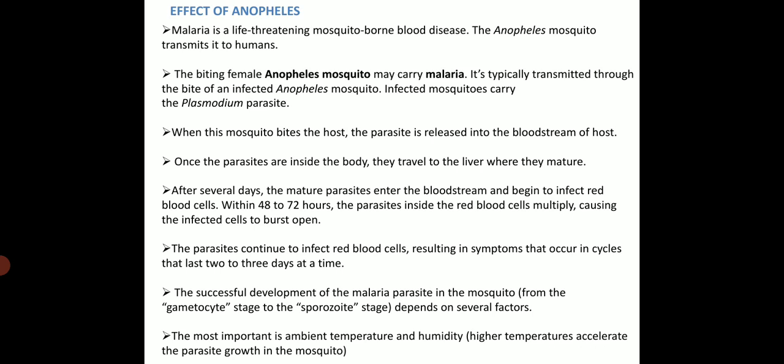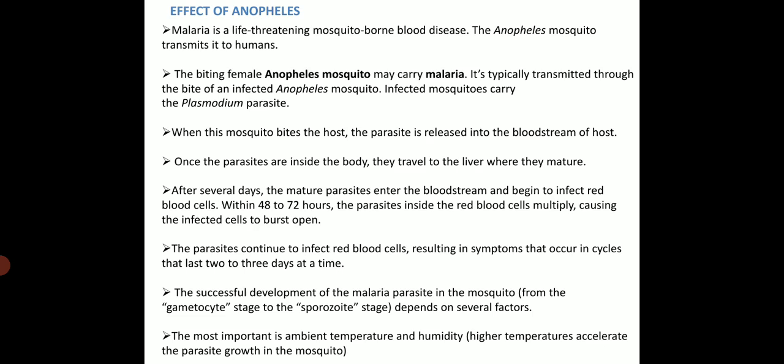Within 48 to 72 hours, the parasites inside the blood cell multiply, causing the infected cells to burst open. The parasites continue to infect the red blood cells, resulting in symptoms that occur in cycles that last for 2 to 3 days at a time.